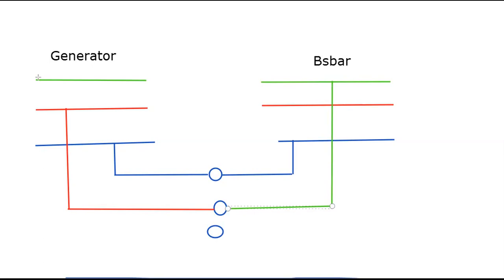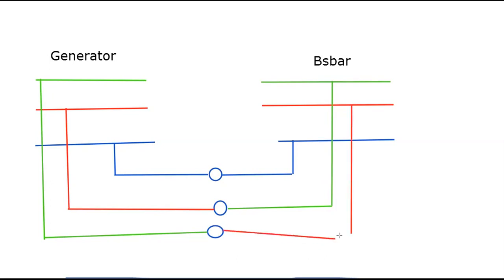The green from this side, and the other side will be red. One at the same phase and the other two will be swapped. What happens if the phase is the same phase? If this is the same phase, the bulb will be dark.